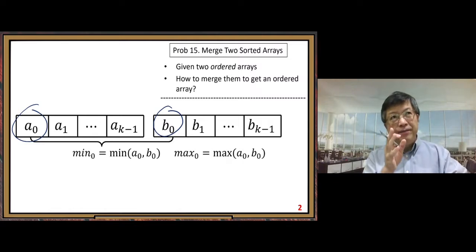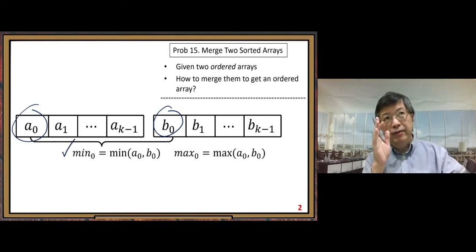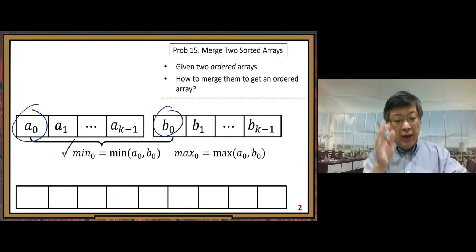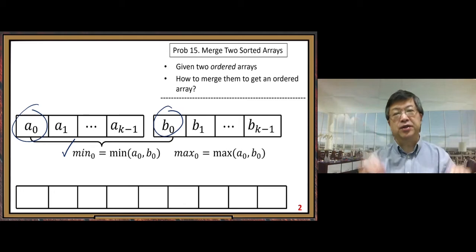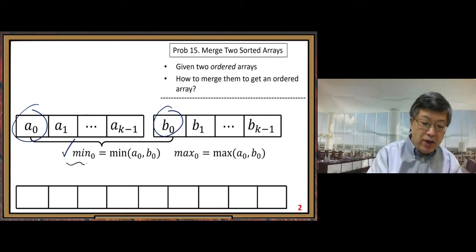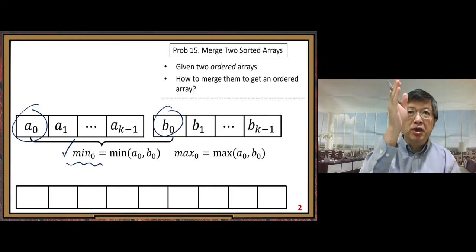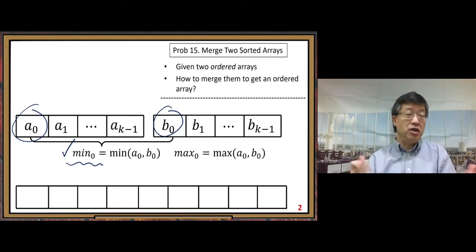After one comparison, we get a min 0. We know this min 0 must be the smallest element of all the elements in the two arrays. In other words, we can put it in place because we know its location.